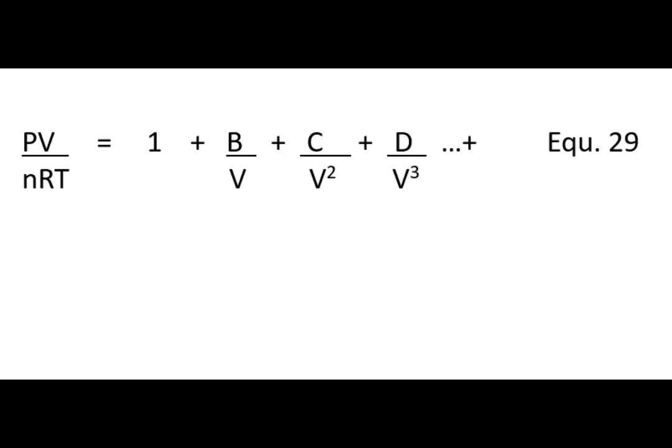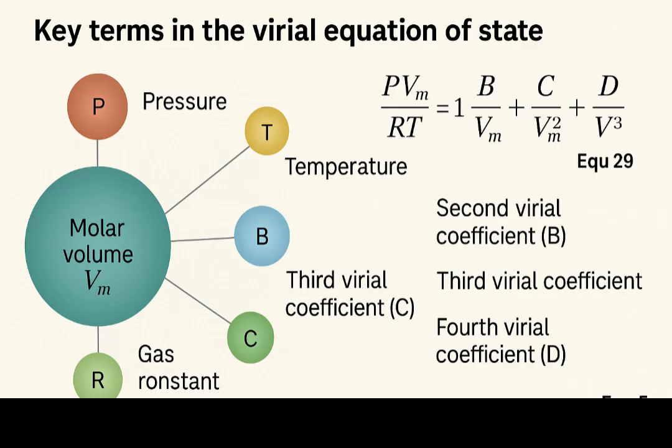The term 1/Vm corresponds to the ideal gas behavior, which is simply the inverse of molar volume. In ideal gases, the equation reduces to the ideal gas law, PV equals nRT, where n is the number of moles.